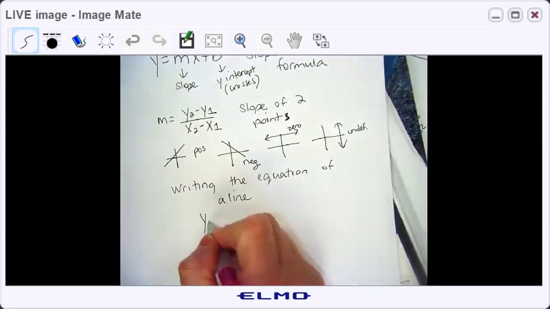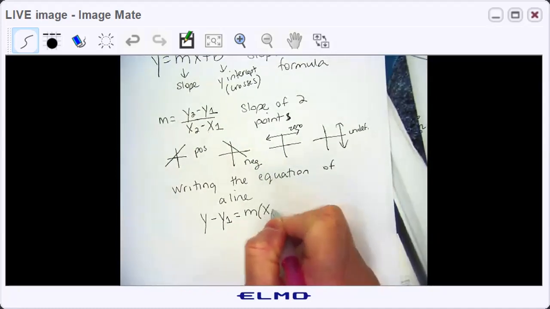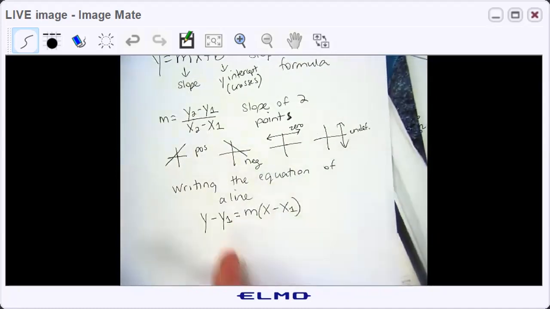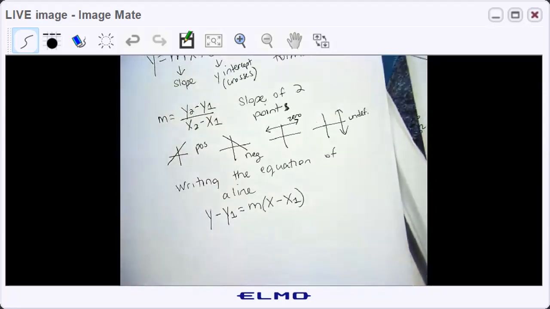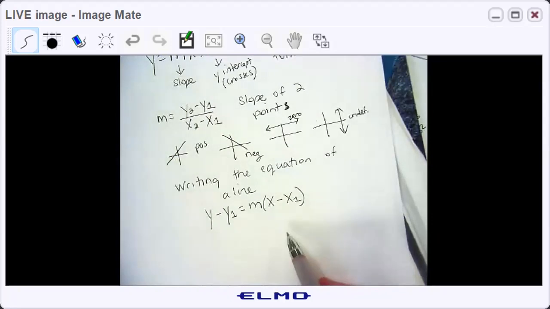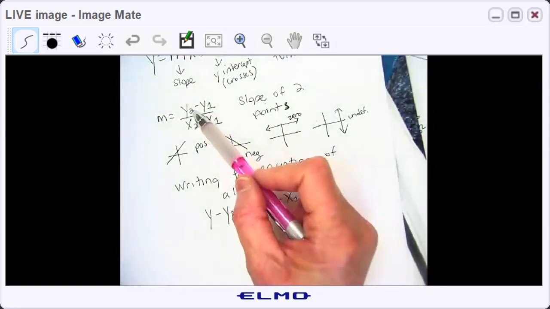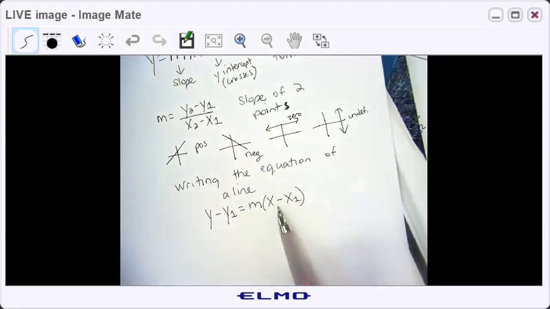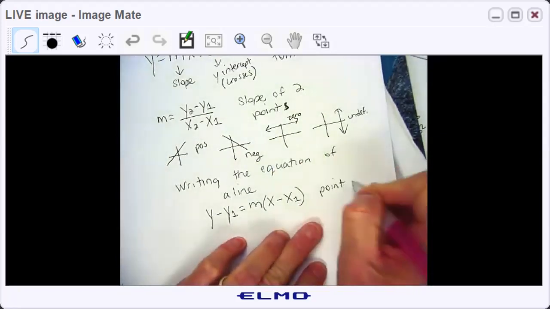So the formula is y minus y1 equals m times x minus x1. If you notice, it's almost identical to this formula, except we've just moved the x's over. Now, the only really big difference, and a lot of students get confused, is they ask what did you do with the x2 and where did the x sub 2 go? Well, it drops off because this formula is called the point slope formula.